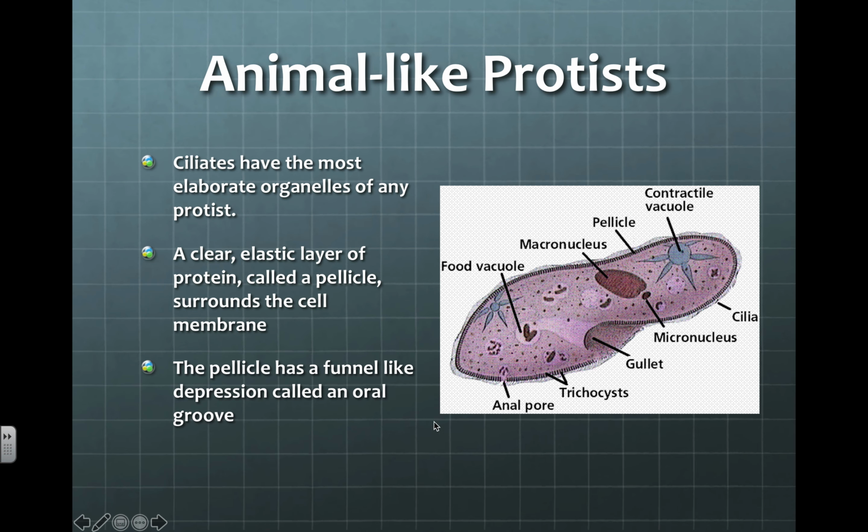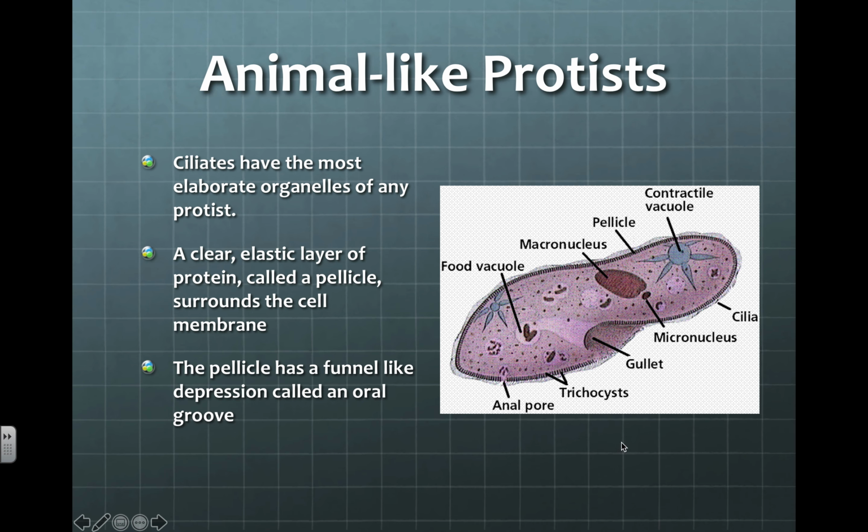Okay, so here's his picture over to the right, and they do have the most elaborate of organelles. They have a very clear, plastic, very tough layer called a pellicle that surrounds their cell membrane. And it has a funnel-like depression here. This is the depression, and it's called the oral groove.